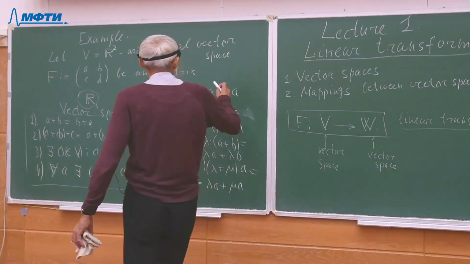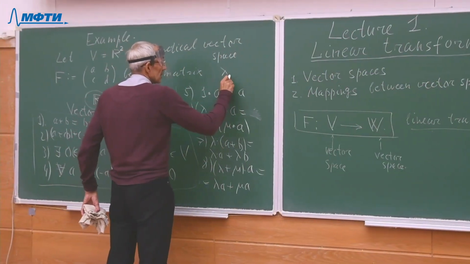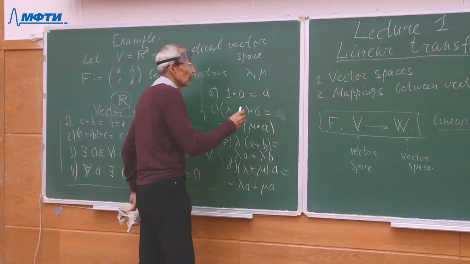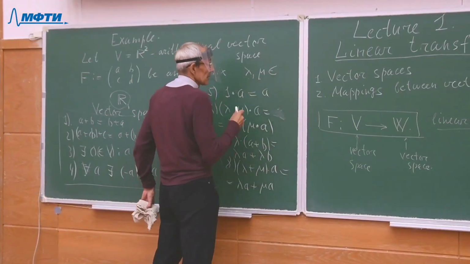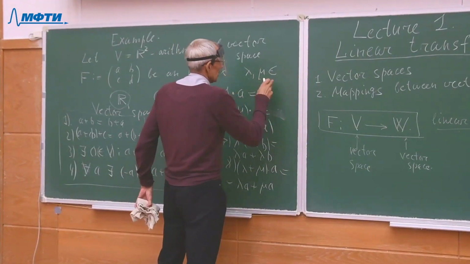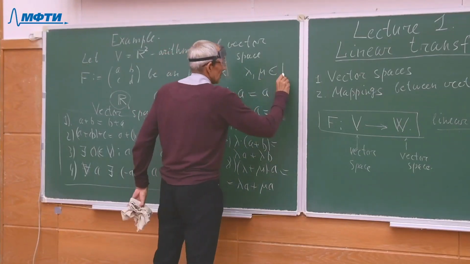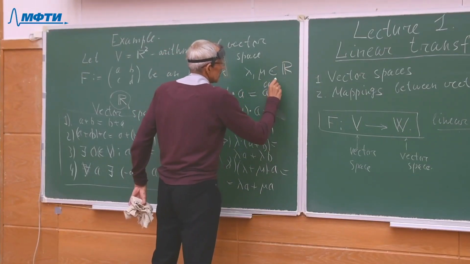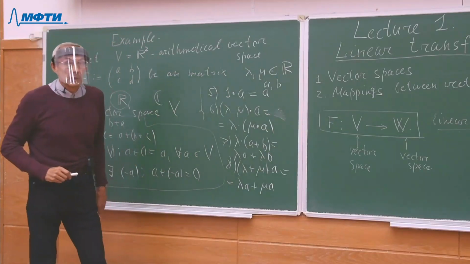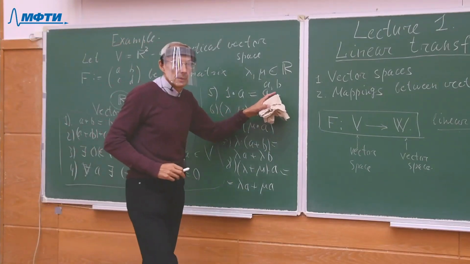I use Greek letters lambda, mu to denote the elements of the basic field, in our example R, and Latin letters A, B for the vectors.